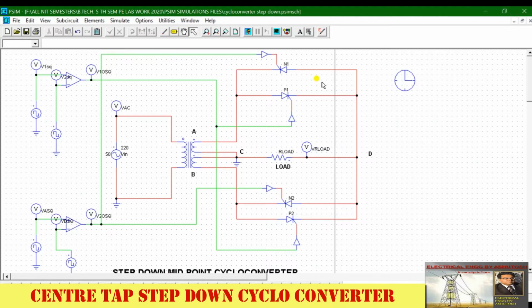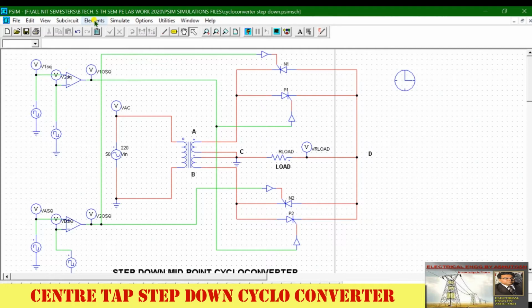So I have prepared here the center tap midpoint cycloconverter. You can see here this is the center tap. I have used a center tap transformer, and this is a 3-winding transformer.